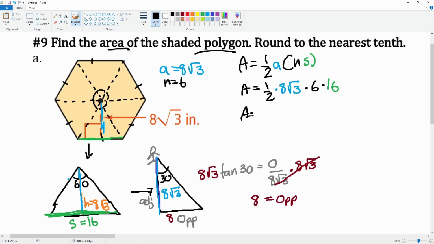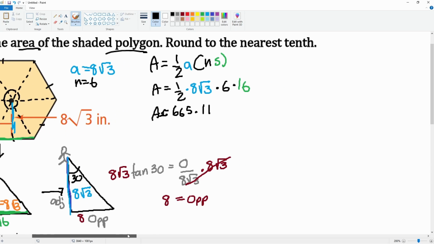Now we just plug it in. 1/2 times 8 radical 3 times 6 times 16. That gets you approximately 665.11. Okay, there you go. That's it.